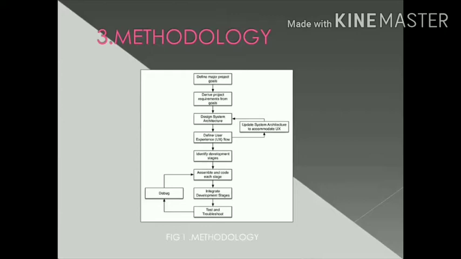That means how the flow of the user's working takes place is to be defined. Then identify development stages. So we need to identify what stages are needed to be taken or done during this development process.